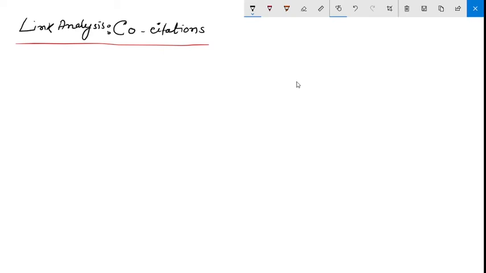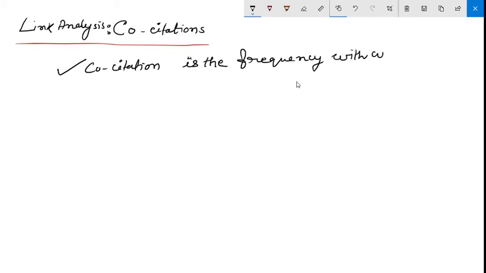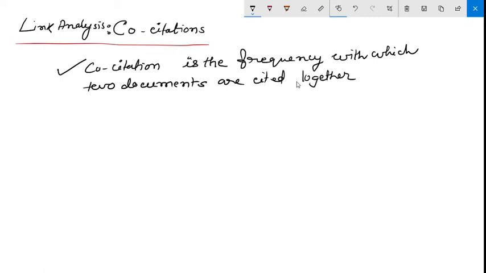So what is co-citation, definition wise? Co-citation is the frequency with which two documents are cited together by other documents.